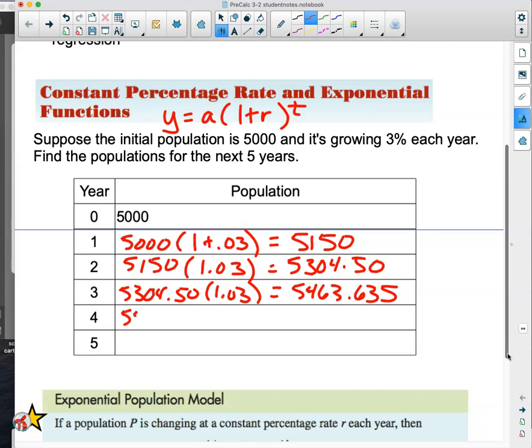So 5,463.635 times 1.03. And that will give us 5,627.54405. And then that would be our new start at the end of 5 years.